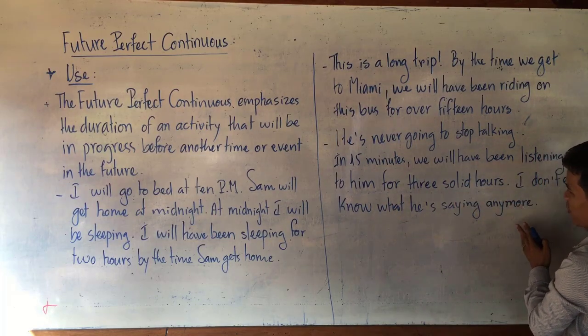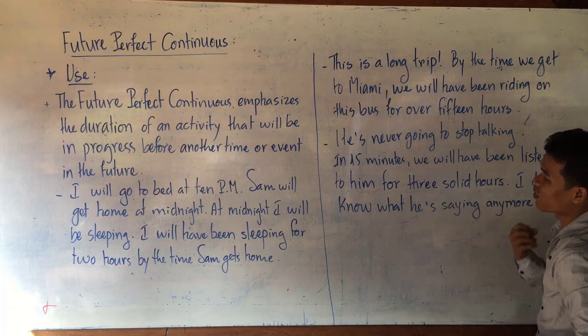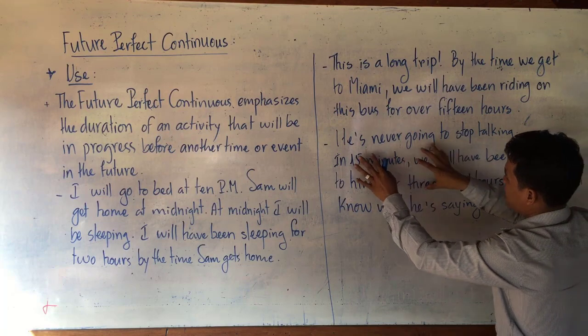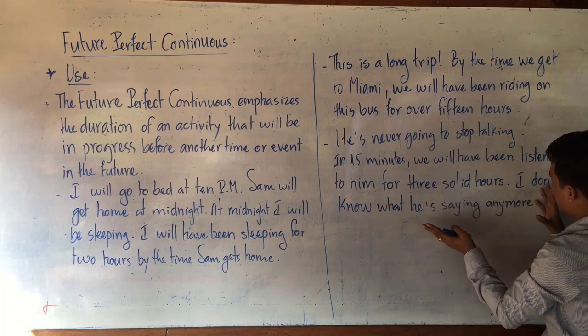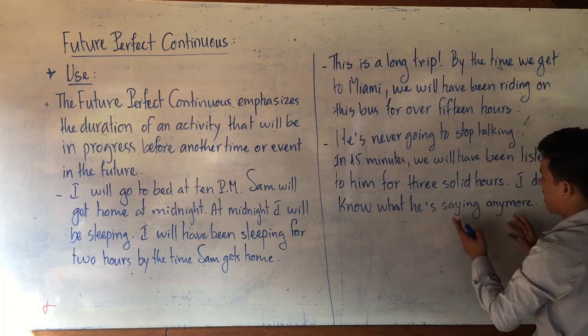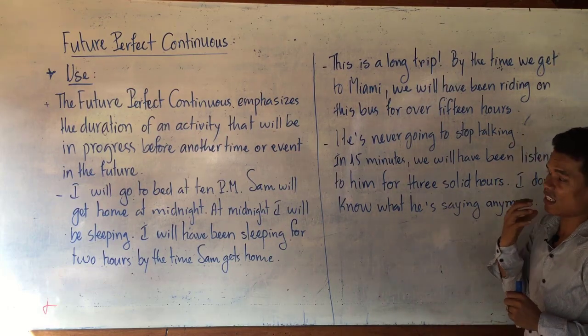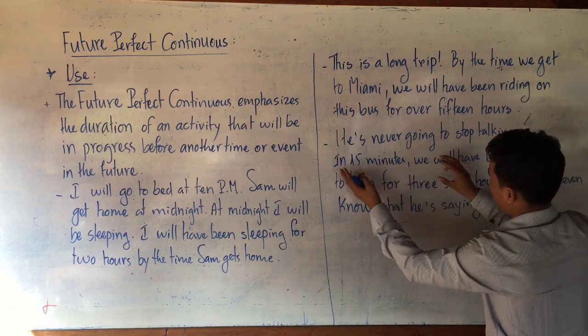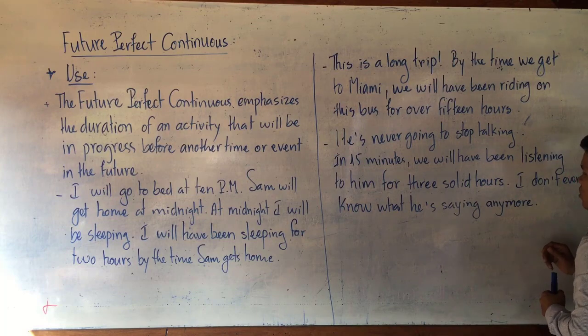I don't even know what he is saying anymore. That's just a situation, just a reference to make sure you can understand the example here. We will have been listening to him for 3 solid hours.